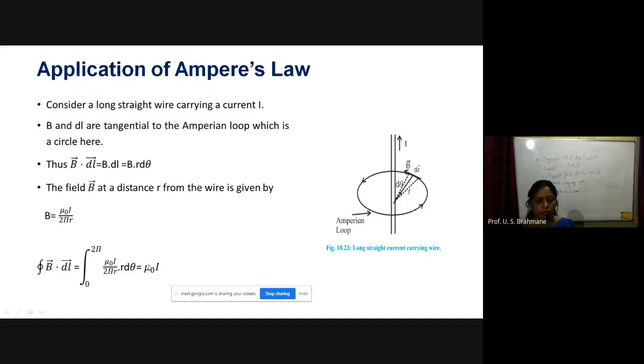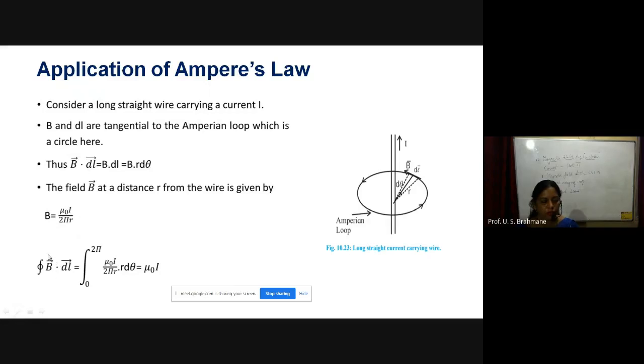We know the field B at a distance R from the wire is given by B equal to mu 0 I upon 2 pi R. This equation we know. Now we apply it in Ampere's law.